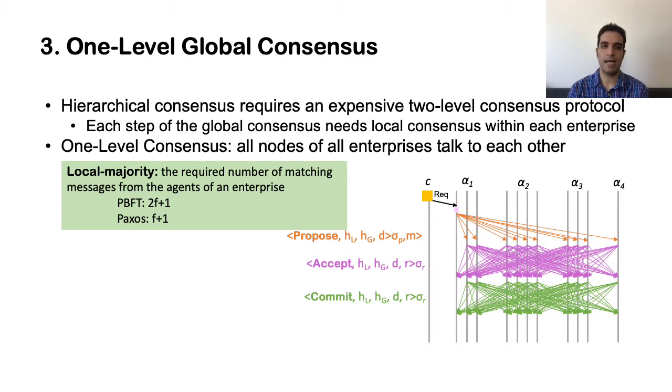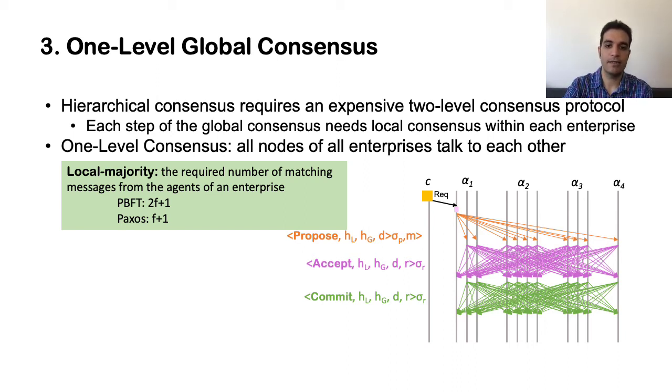If the enterprise has 4 nodes, or let's say 3f plus 1 nodes, then we need message from 2f plus 1 nodes of them. If it has 2f plus 1 nodes, we need messages from f plus 1 of them. So we need message from local majority of 2/3 of basically enterprises, or let's say more than 2/3 of enterprises in the one level global.